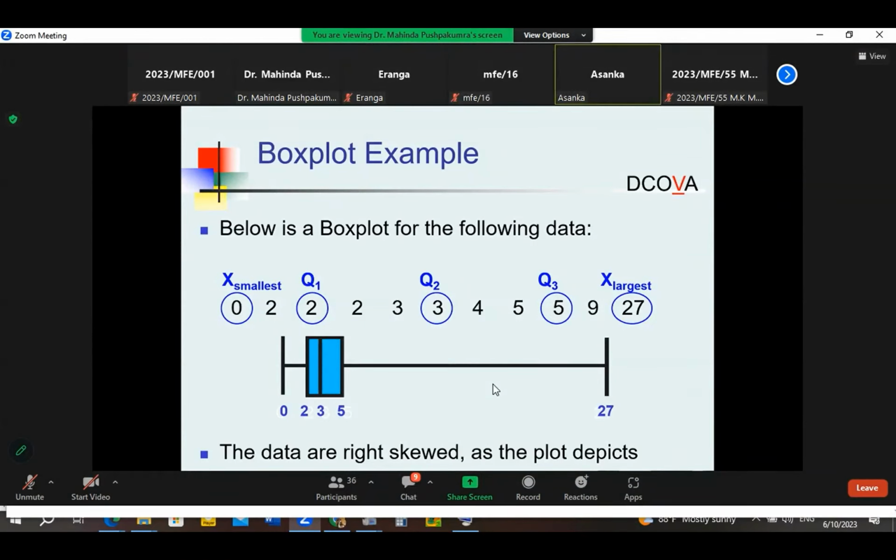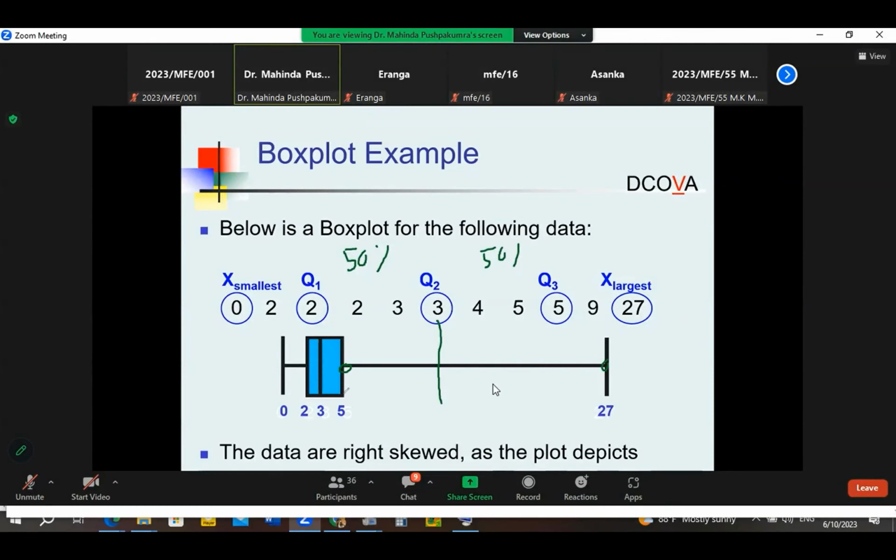In terms of the number of observations, is it equal every quarter? Yes. Now, if you take Q2 as the middle, there should be 50% of observations below this and 50% above. This distance does not show the number of observations; it shows how it deviates.